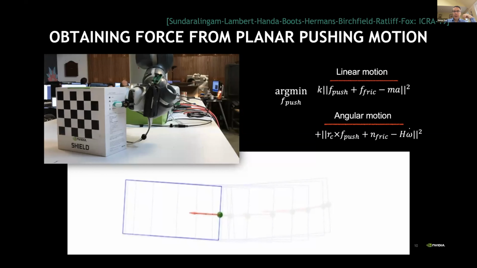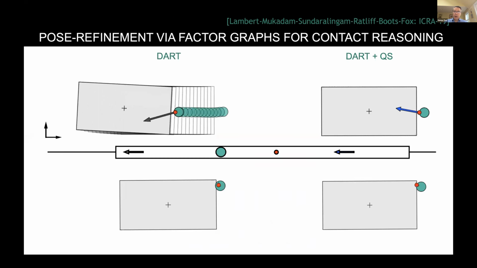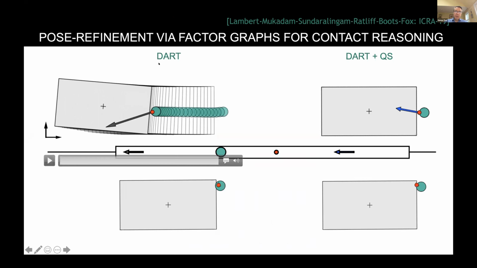Okay, one limitation of this is that it is using DART, the tracking, as kind of a ground truth system. So also published at ICRA last year, Sasha Lambert developed a technique that uses factor graphs in order to come up with a more accurate modeling of the contact between the finger and the object. As you could see in the upper left part here, if you just use DART, the finger might not actually be in contact with the object itself.